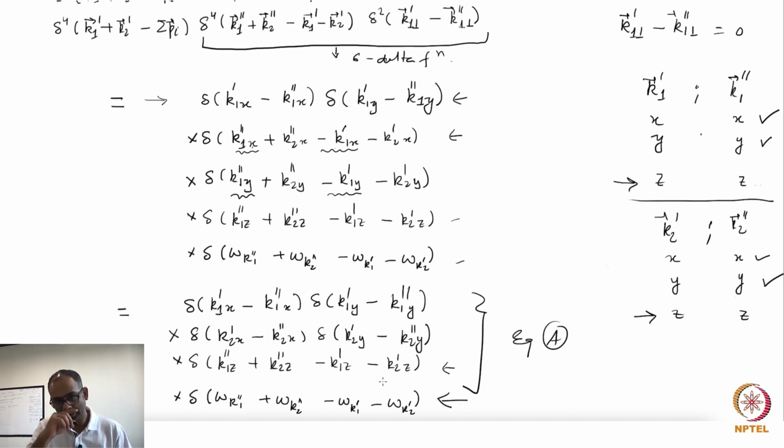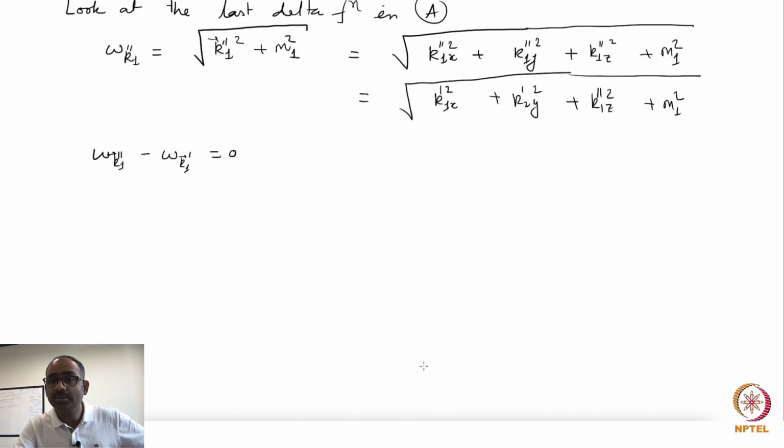And if they do, then this delta function clicks. It gives you a non-zero value. But for that, just a second. For that, k1 double prime z should be equal to k1 prime z. Then only this will be satisfied, not otherwise.